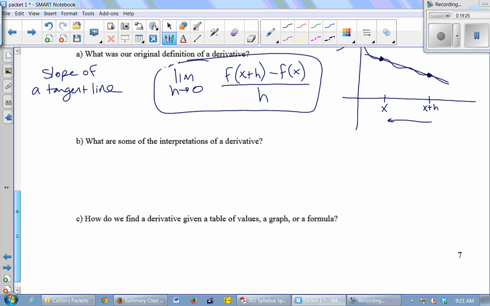What were some of the interpretations of derivative? Interpretation or application? Yep, velocity. So position, velocity, acceleration. So we used derivative to talk about motion. What else?